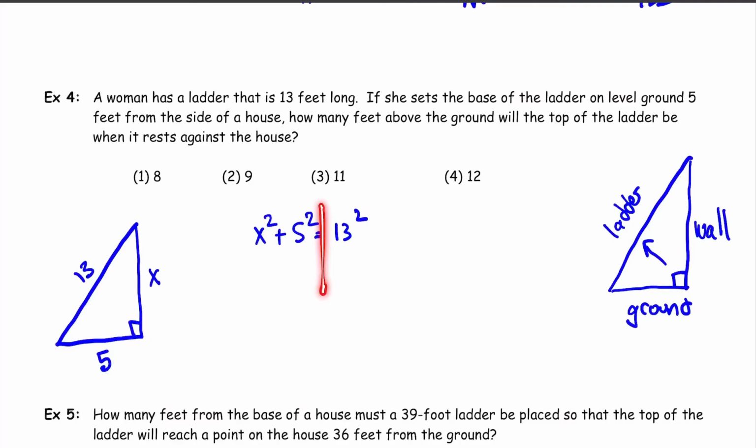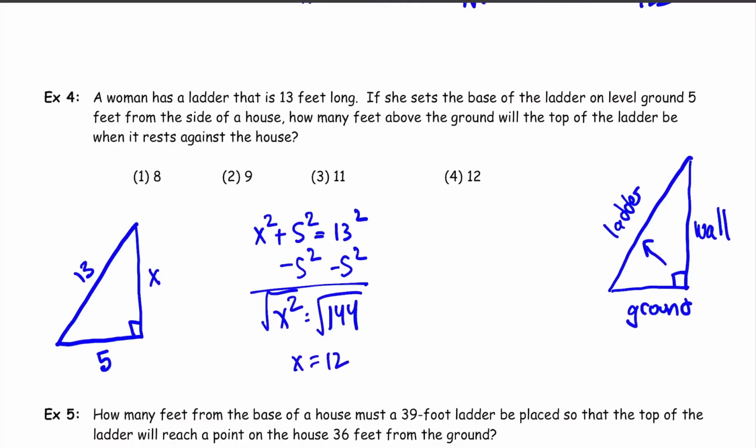Now, when the number is on the same side with the x, I'm going to subtract that over. Minus 5 squared, minus 5 squared. X squared equals, that gives me 144. Now I square root, and x is 12. So there's my choice, choice 4.